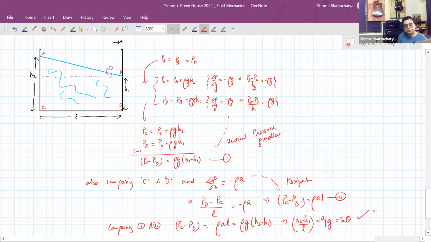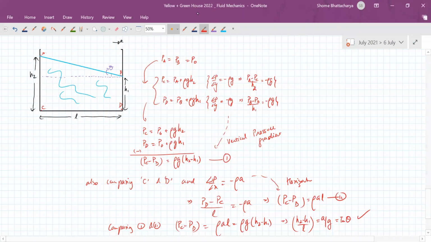So we have this formula now that tan theta is equal to A by G. It's a very easy formula to remember that tan theta is equal to A by G, and this is the derivation of it.